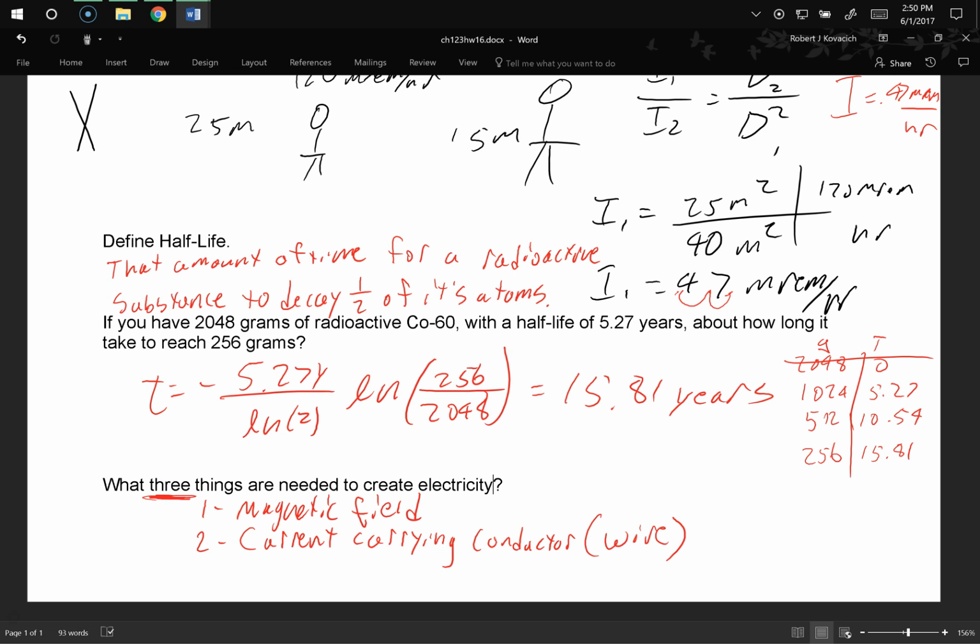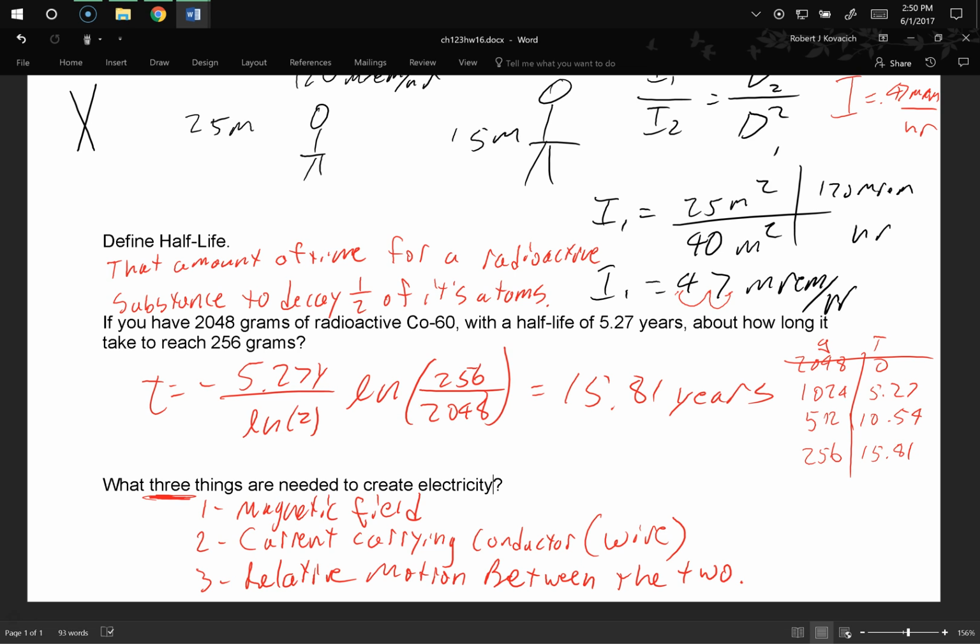I need a current carrying conductor. Could be anything that carries current, but a wire would be easiest. And I need relative motion between the two.